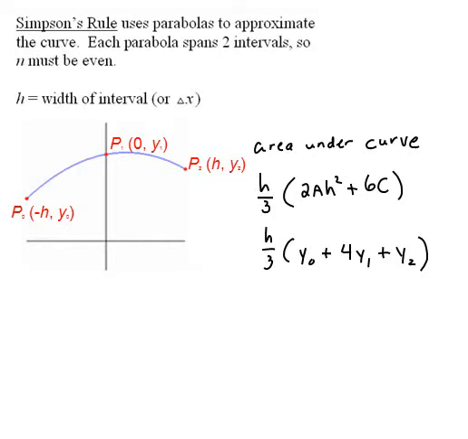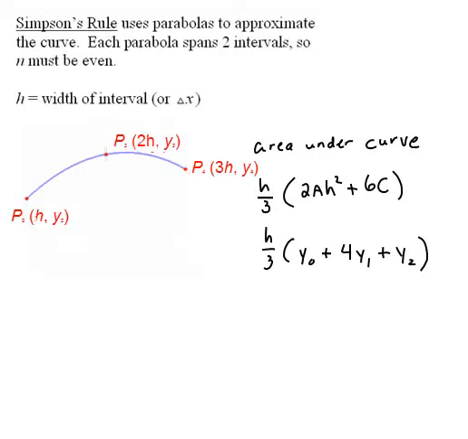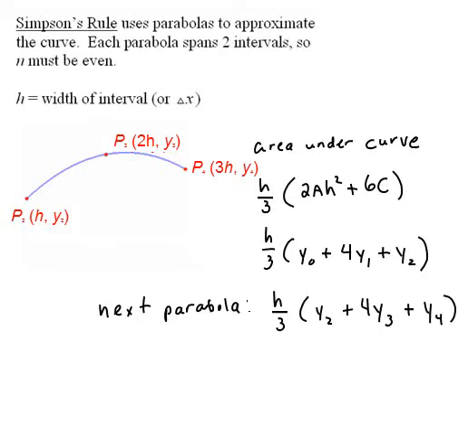If the curve continued to the right, the next parabola would connect to this one at the point p2 and also pass through points p3 and p4 with y coordinates y3 and y4. Applying the same area formula, the area under this next parabola would be h over 3 times y2 plus 4y3 plus y4.